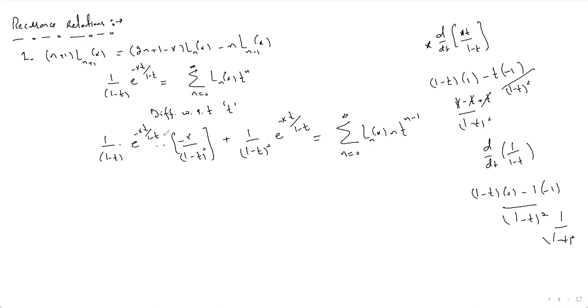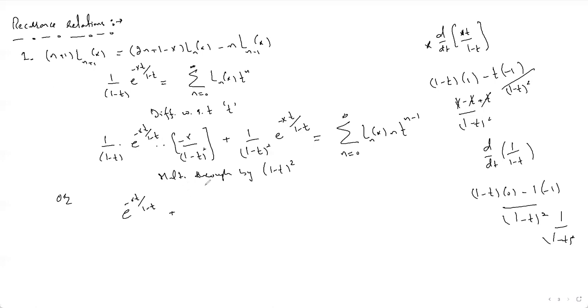Now what I will do is multiply throughout by 1 minus t whole square. So what will this become? Let me write this term first. When we multiply, it will be e raised to power minus xt divided by 1 minus t, plus 1 minus t.